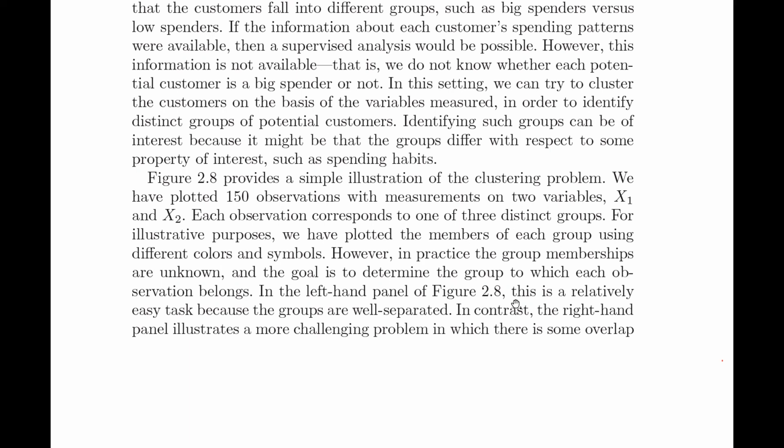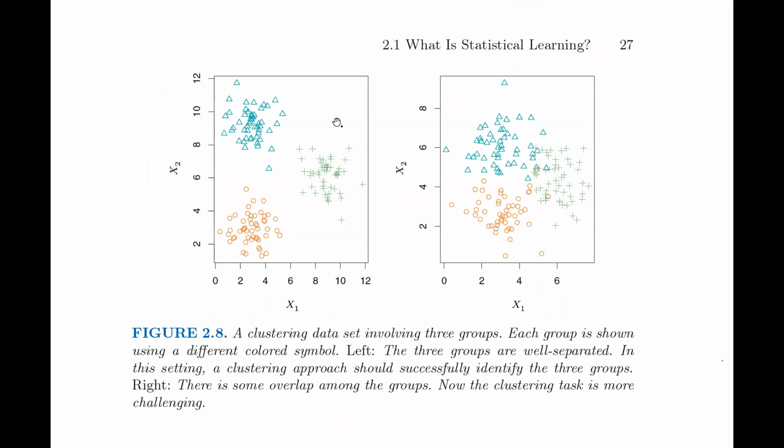In the left-hand panel of 2.8, this is a relatively easy task. There are clear, or what would appear to be clear, demarcation lines. Now this would be more challenging, right?